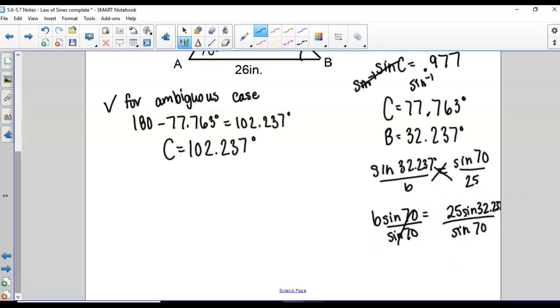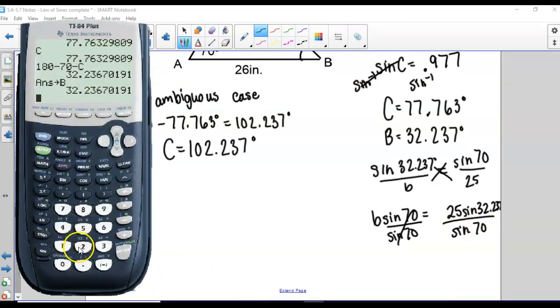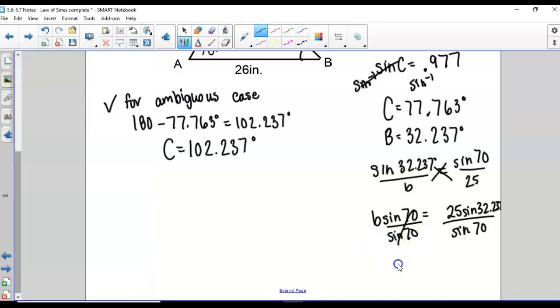So for B, we'll have 25 times, and I'm going to type sine of, that was angle B, so sine of B, divided by sine of 70. That way I don't have to round, and so I'll get 14.191.